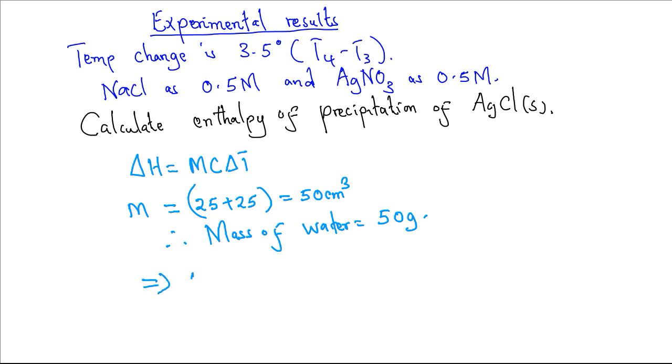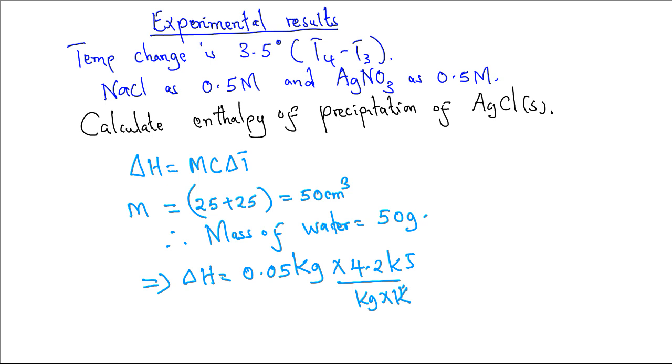This implies that delta H is equals to 0.05 kilogram times 4.2 kilojoule per kilogram per Kelvin times 3.5 Kelvin. That cancels that.